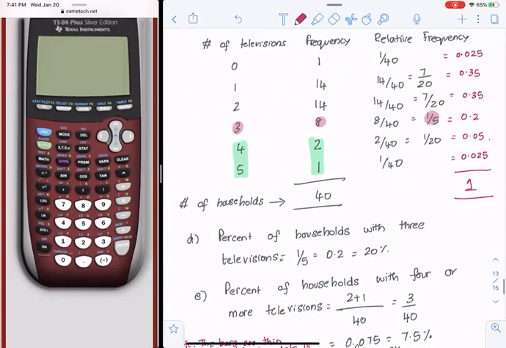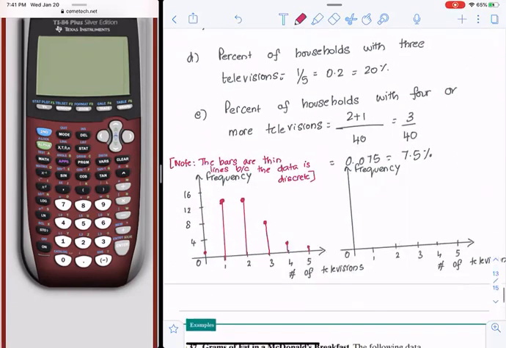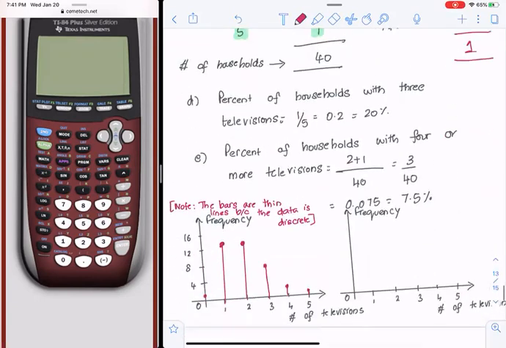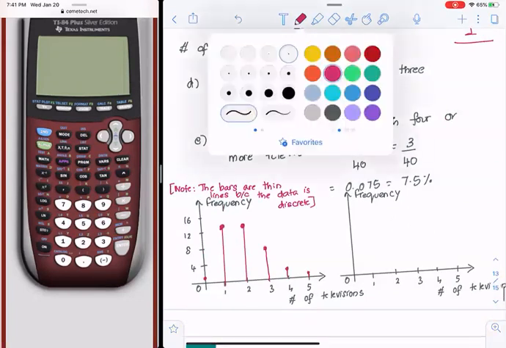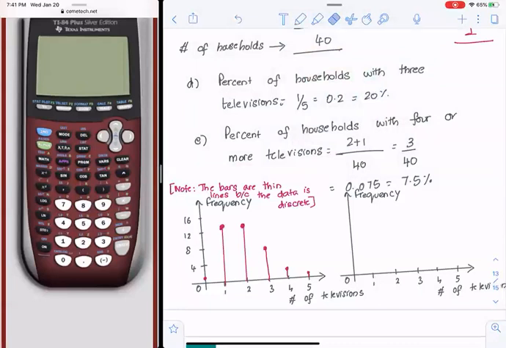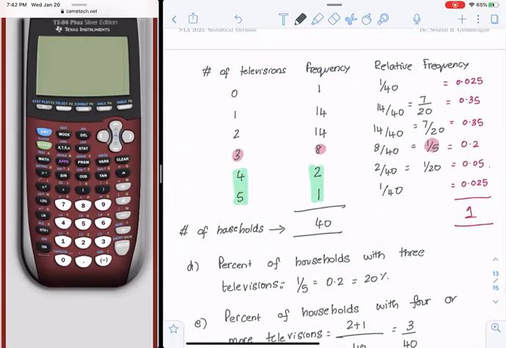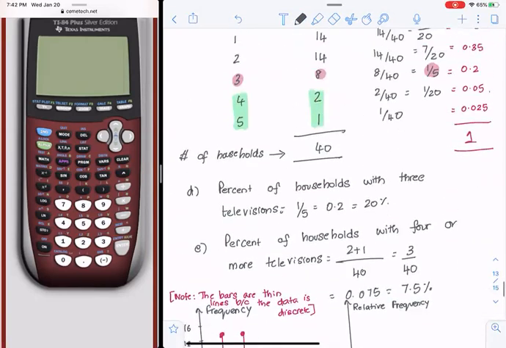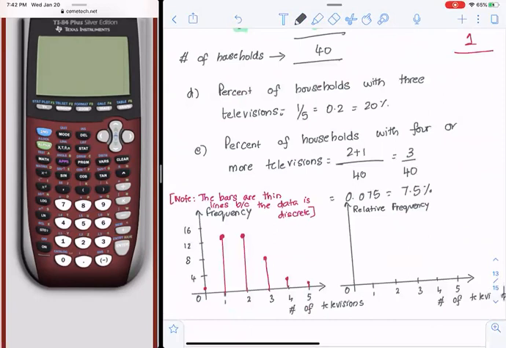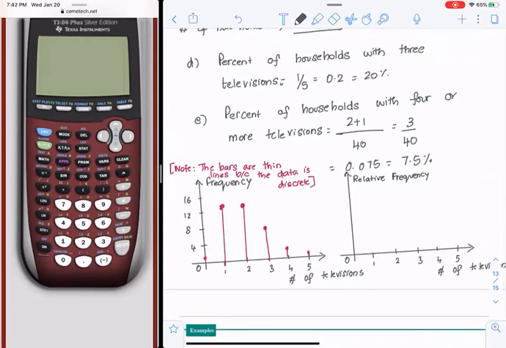We have really small values, so I am going to change the frequency to relative frequency. The smallest value that we see is 0.025 and the largest is 0.35. So I'm going to go in steps of 0.05.